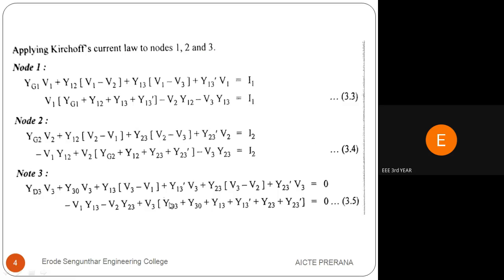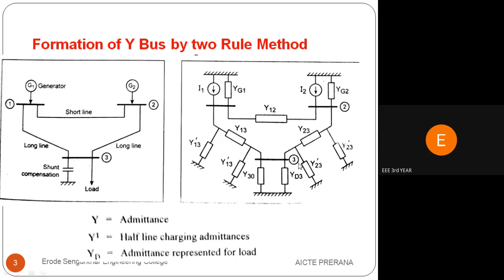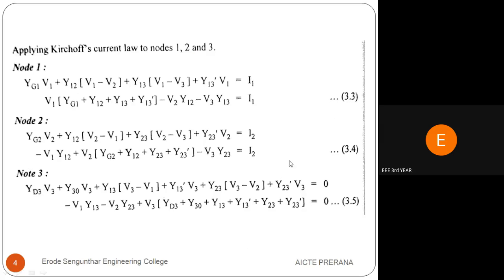And consider the next element, which is connected between 2 and 3. So Y23 is multiplied with V3 minus V2, plus the half line charging admittance Y23 dash of that line, which is also multiplied with V3. So we have to consider all the elements, totally 6 elements.